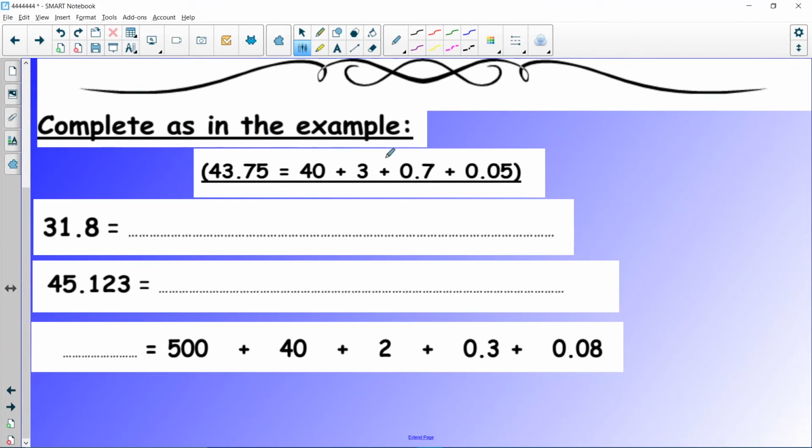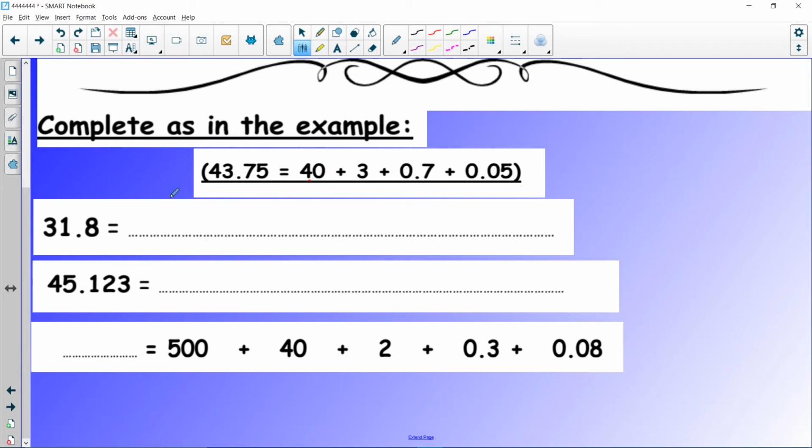Complete as in the example. 43.75 equal 40 plus 3 plus 0.7 plus 0.05. The expanded form.